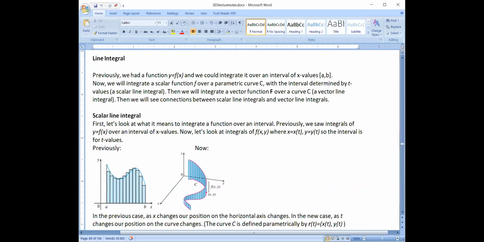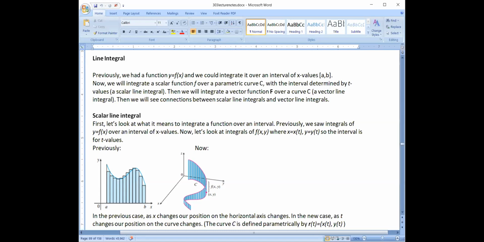Instead of going straight from A to B along the x-axis, we are moving along a curve C, and in this image, the curve C exists in the xy plane. And again, it's a parametric curve, so it can go anywhere. So x is a function of t and y is a function of t. But you could still think of there being function values, which you can imagine as heights in the z direction.